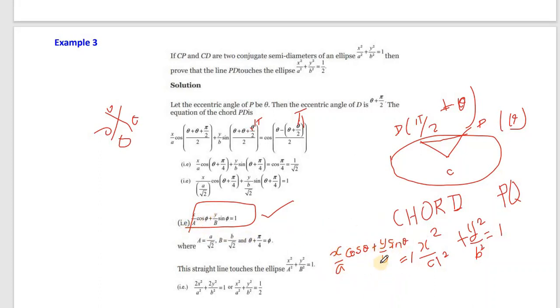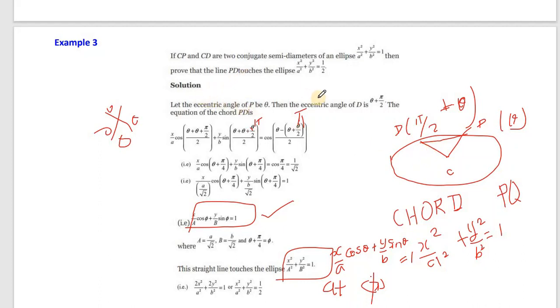If any equation is of this form, with regard to this ellipse, whatever I have here, that comes here. So this one will be tangent. So in this case we have this, so naturally it will be a tangent to the ellipse. You have x square by a square at phi. But what is phi? Phi is again a point.